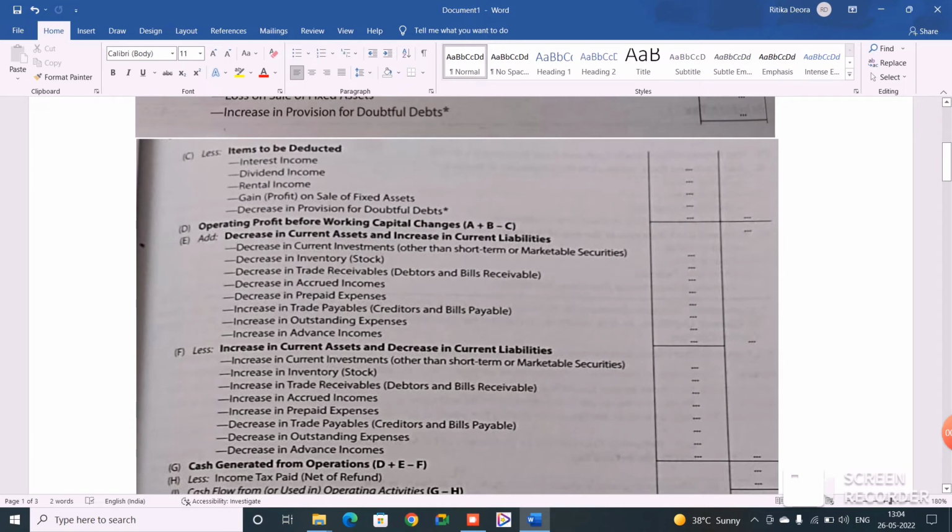Try to understand it. Let's take the example of a current asset, that is trade receivable. Now, what are trade receivables? Trade receivable means all those bills and all that amount which is receivable from our debtors.